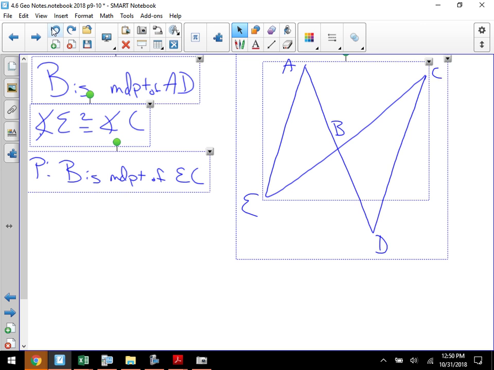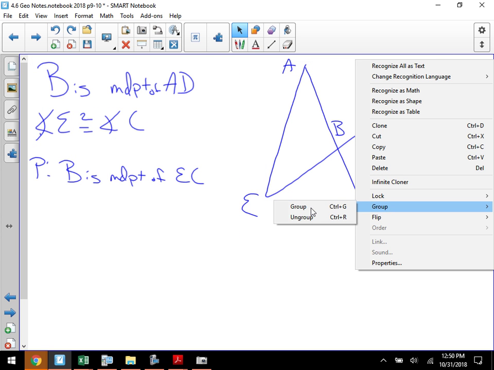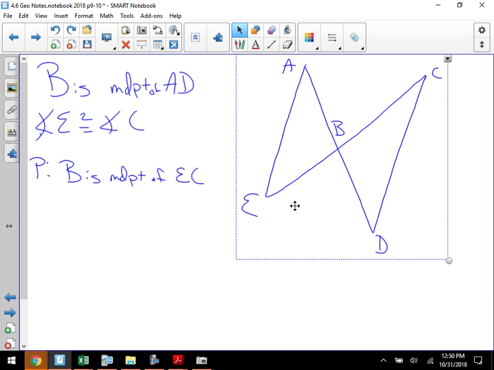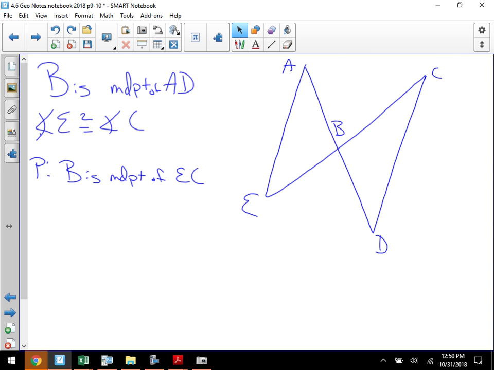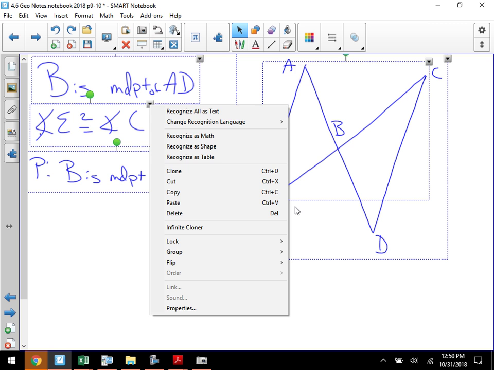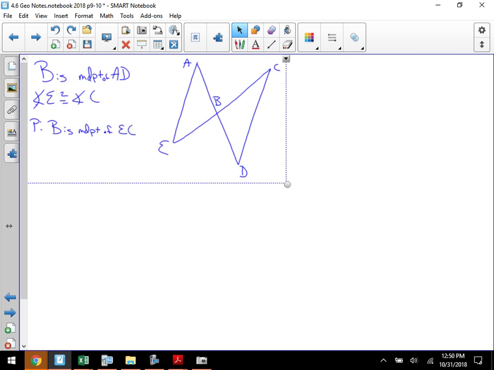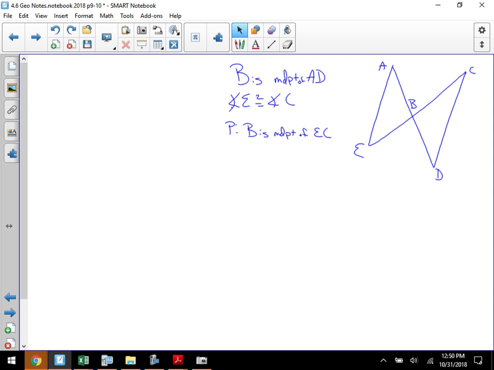Didn't want to clone it. Try that again. There we go. I just wanted to move it off the side a little bit so I have more room to write on this marker.